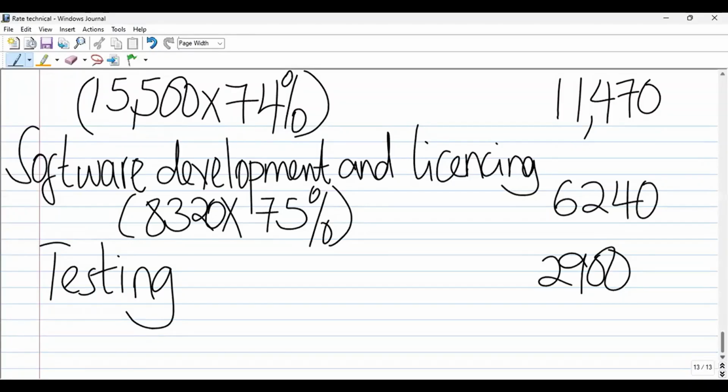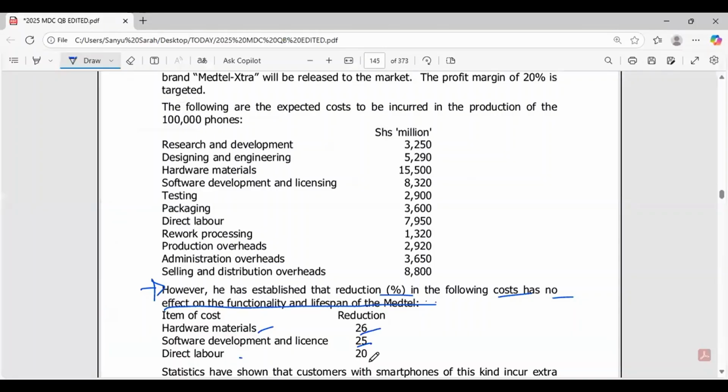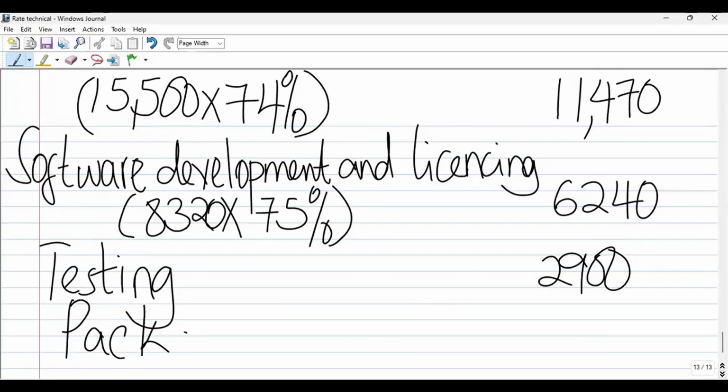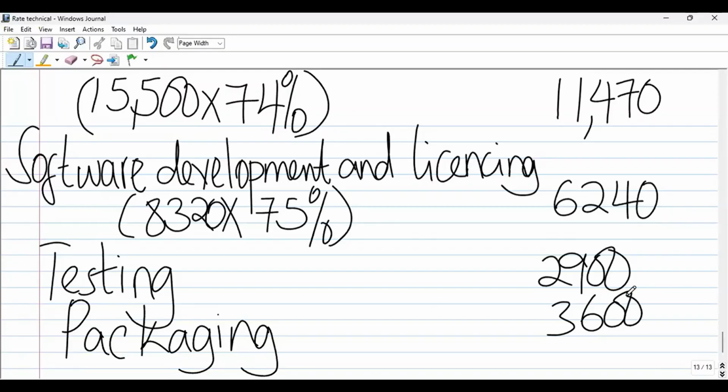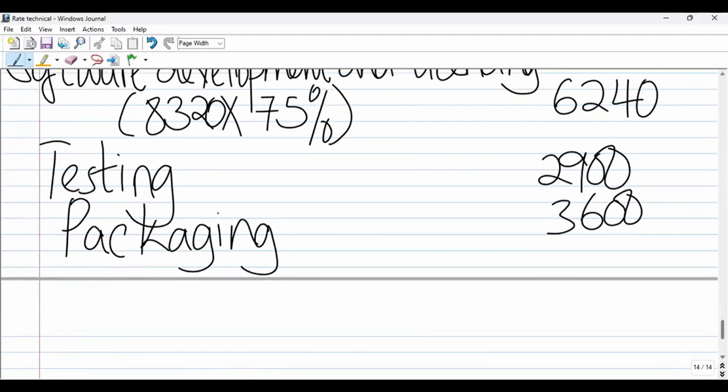Next, they are giving us packaging, 3,600. Packaging is not affected, so packaging 3,600. We go to the next.